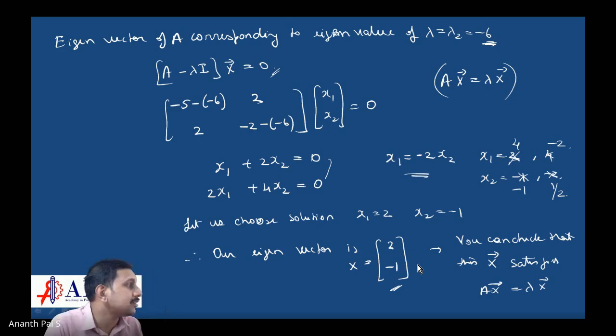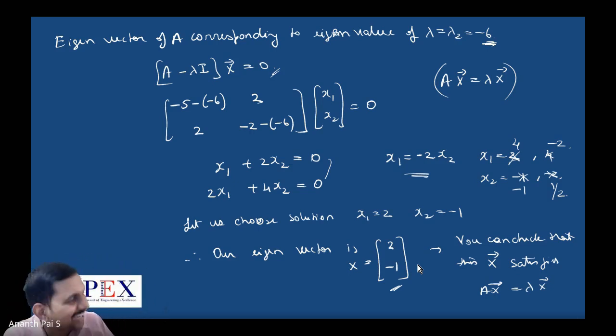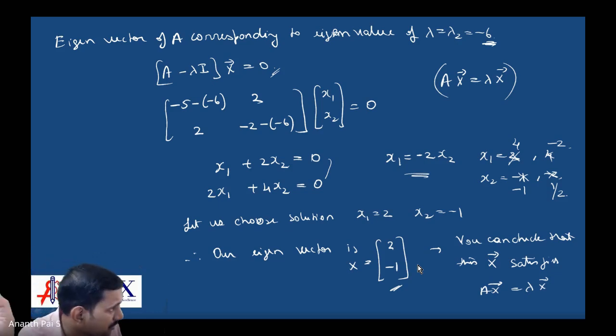This is the method. This has no exceptions. You cannot say shortcuts when I say, okay, if this is the case, you can apply this. Otherwise, you should not. The method is this. This is the method to find out the eigenvalue and eigenvector.